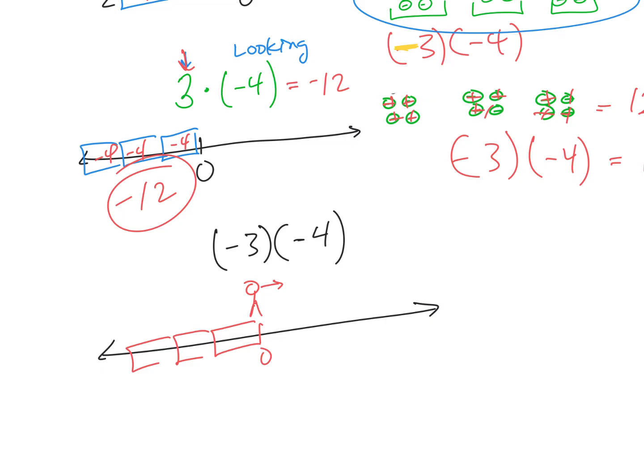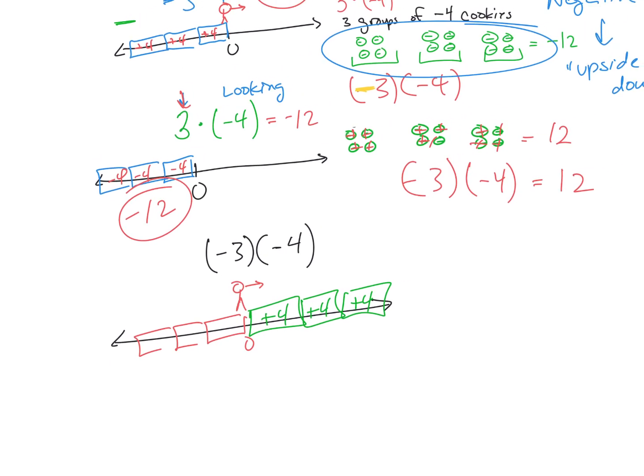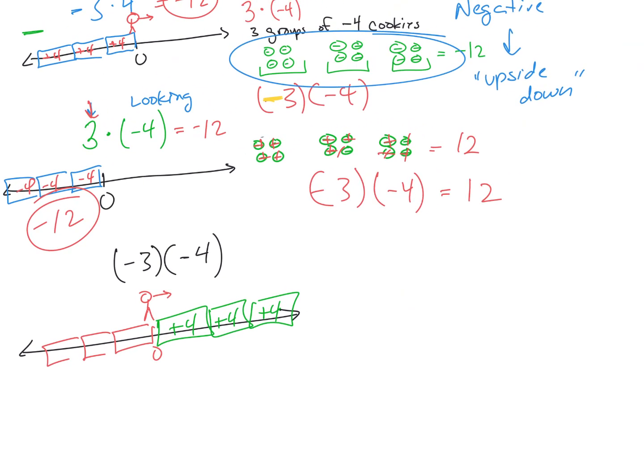This is the backwards direction, but this is telling me to go backwards from that, okay? So I actually end up going 3 groups forward. And this is like flipping the negative cookies upside down, flipping the upside down cookies upside down, okay?